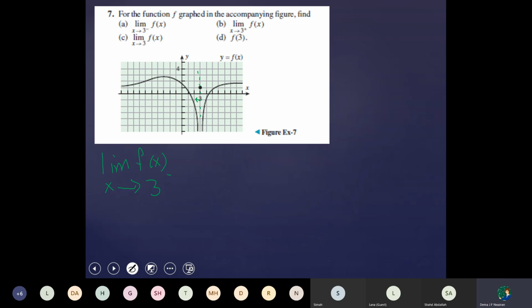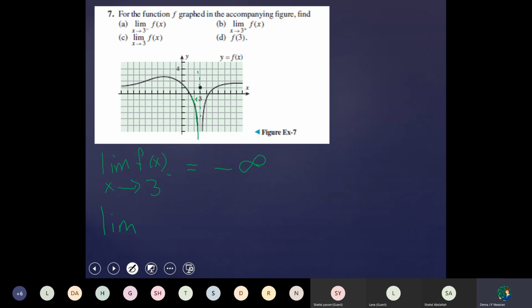Look at the 3 from the left. Does it stop at exactly one point, or does the curve not stop? It will not stop. So I ask myself, does it go to the positive y-axis or negative y-axis? The negative y-axis. Because it goes to the negative y-axis, I say it is negative infinity.